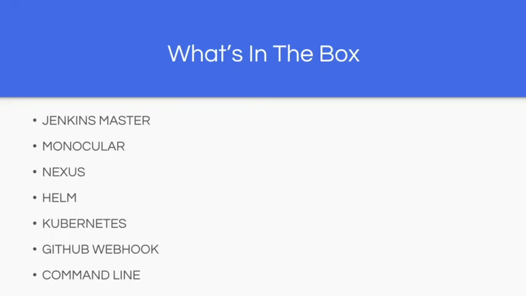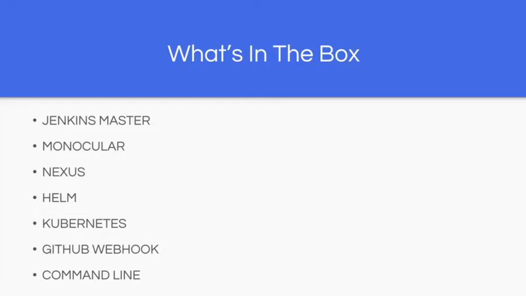So what's in the box with Jenkins X is you'll end up with a Jenkins master. Monocular will be installed, which is a way to view your Helm charts and the versions. We'll see how our Helm charts get versioned as we do builds and make changes and deploy to the environments. It also creates a Nexus artifact management repository.